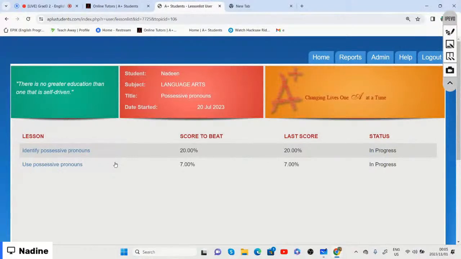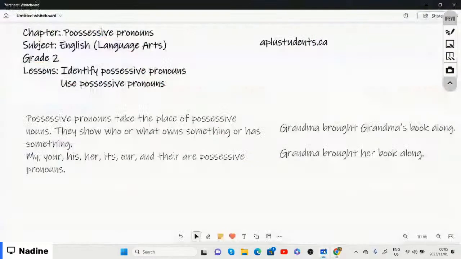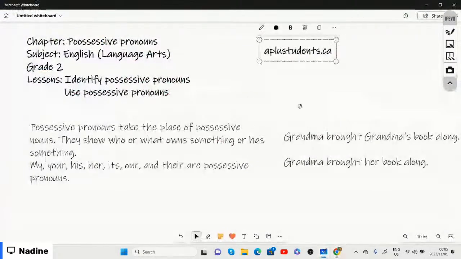And before we go into possessive pronouns, we are doing our lesson on aplusstudents.ca. So our tutorial lesson we are doing on aplusstudents.ca.